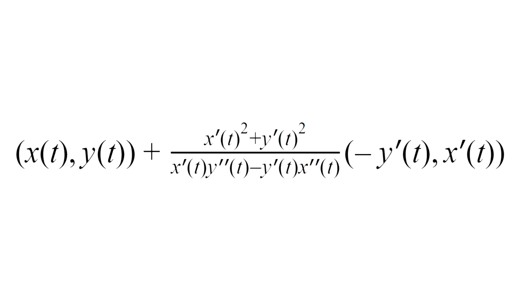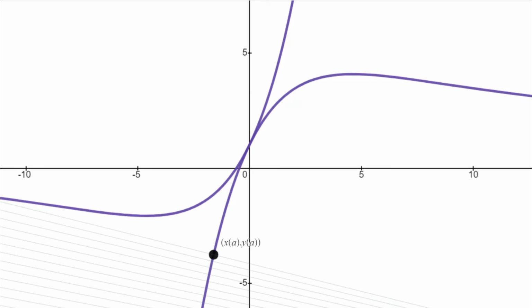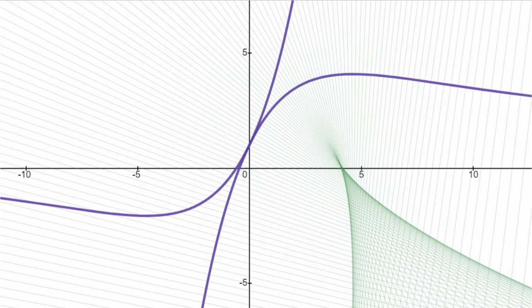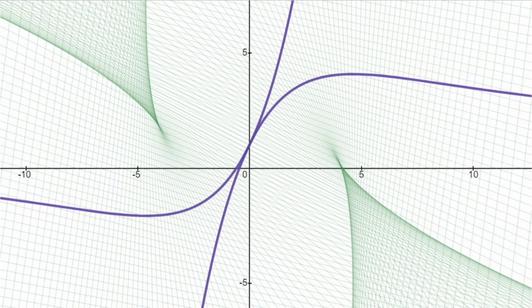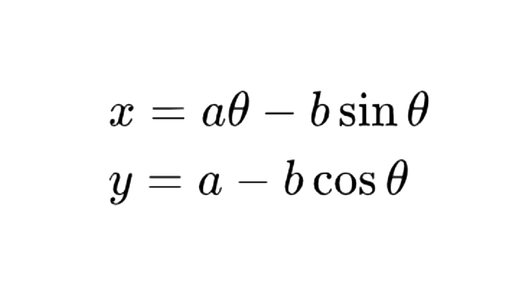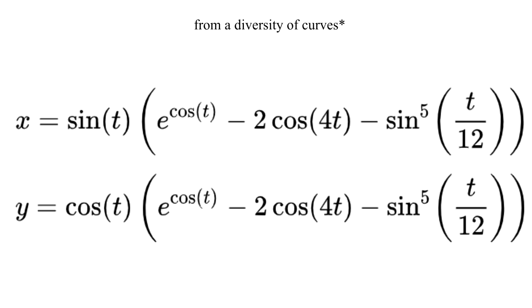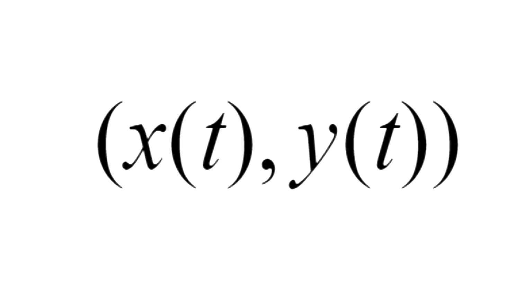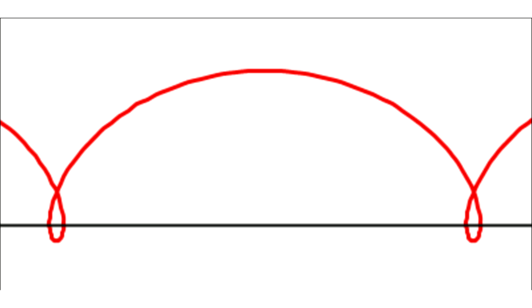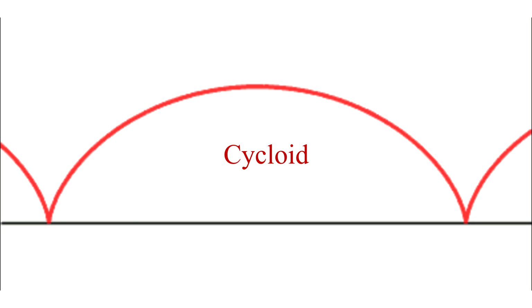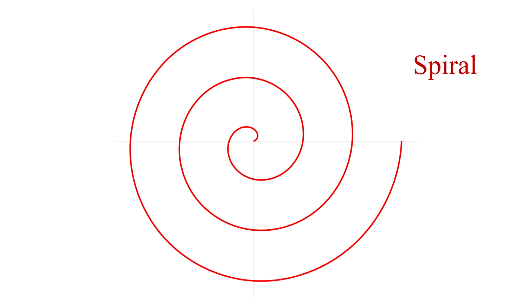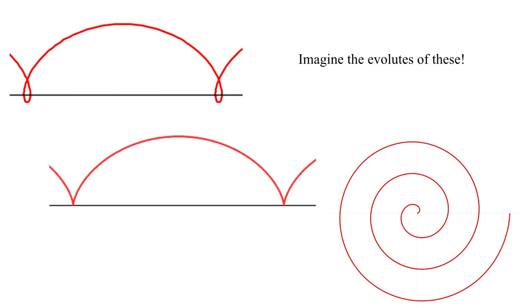Aside from having different variables, evolutes are basically the precise shapes formed from drawing the normal map of a parameter. And hey, imagine the varieties of normal maps or evolutes we can draw from the diversity of curves expressed by parameters. Imagine what the evolute of, let's say, a loop-de-loop or a trochoid is called, or a cycloid, or maybe even a spiral. Imagine what the shapes of these guys look like.